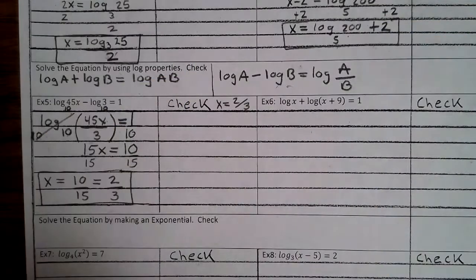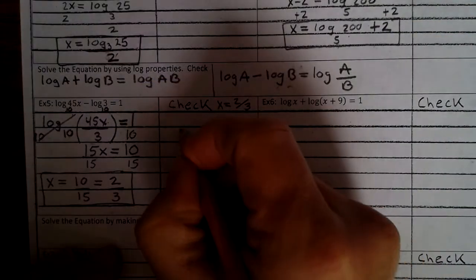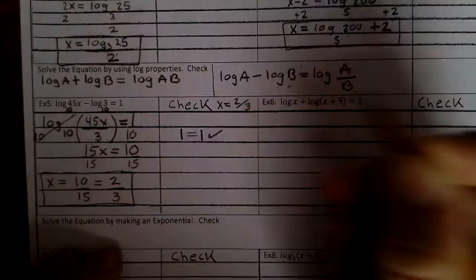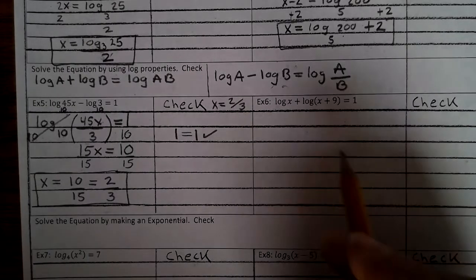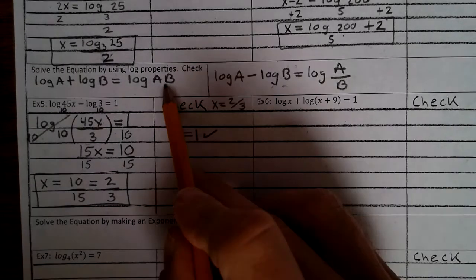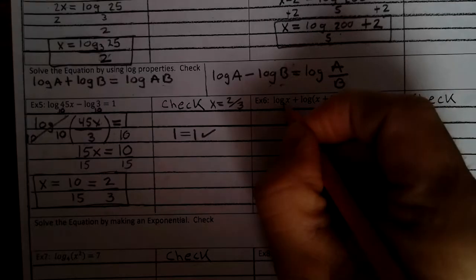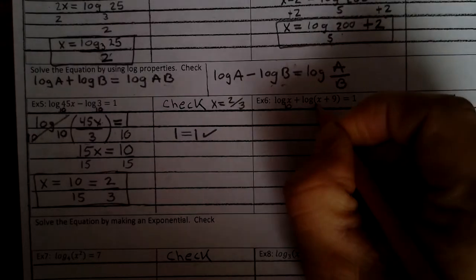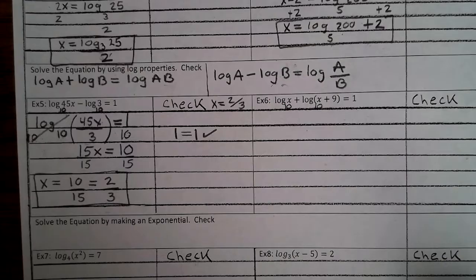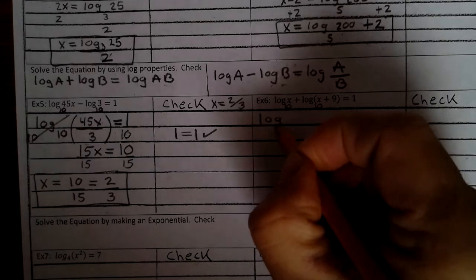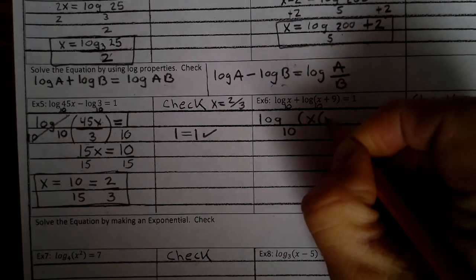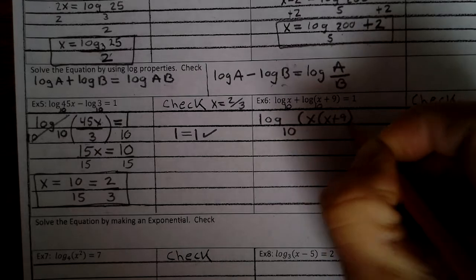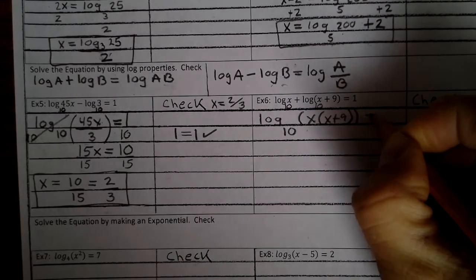Okay, now here it looks like since we're adding, it's going to be multiplication. And again, if there's no base, we assume it's base 10. So then that's log base 10 of x times x plus 9 equals 1. Now, just like example 5, we're going to make the base 10. And remember, what you do to one side, you have to do to the other.